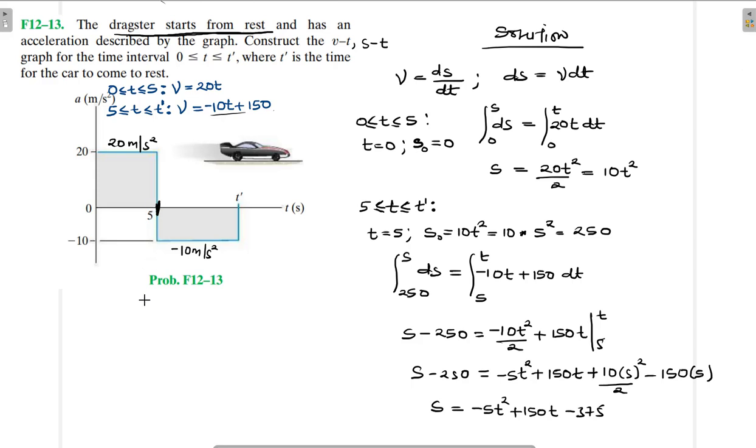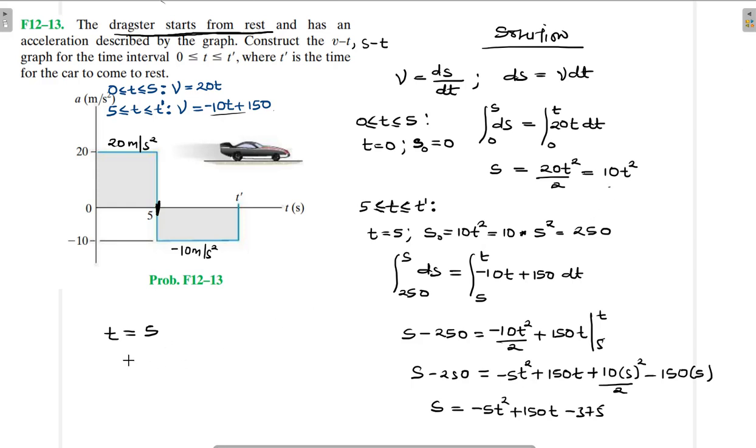At t is equal to 5, we must get the same solution for the displacement, position equal to 10t squared.